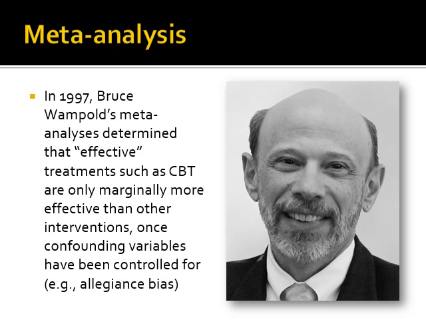Twenty years later, Bruce Wampold's meta-analyses determined that effective or "effective" treatments, such as CBT, are only marginally more effective than other interventions once confounding variables have been controlled for. For example, allegiance bias. An allegiance bias is when you have the same theorist as being the researcher.